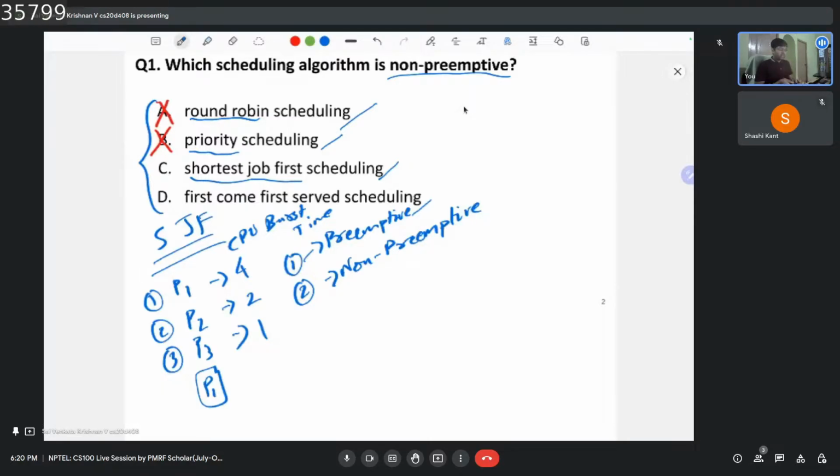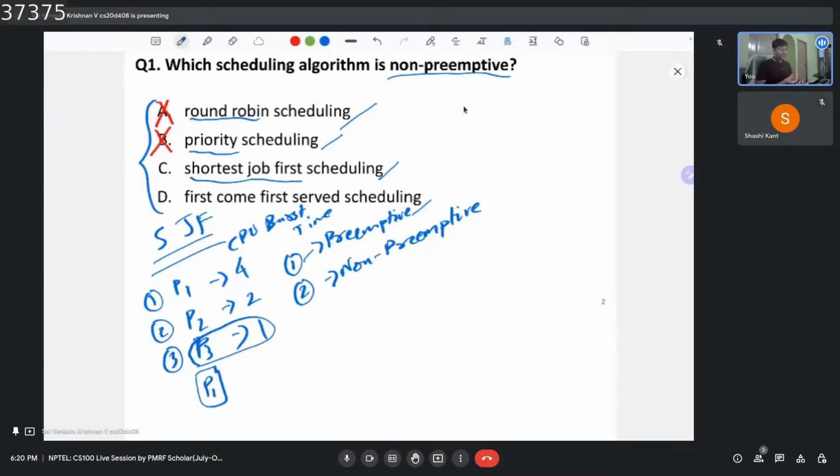So when P1 is executing, P2 will arrive, and in a preemptive version, what happens is, shortest job first means the one having the shortest job would be given higher priority. So here P3 has higher priority when compared to P2, and P2 has a higher priority when compared to P1. So when P1 is executing, P2 arrives and it has a shorter CPU burst time.